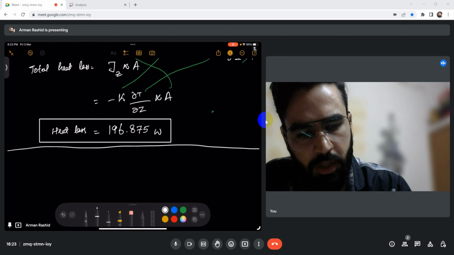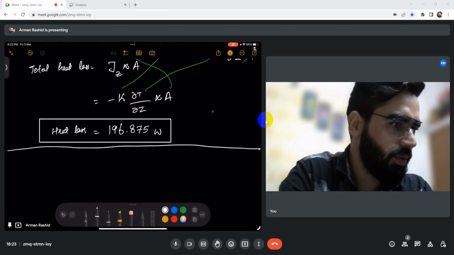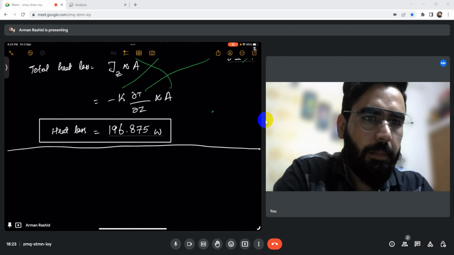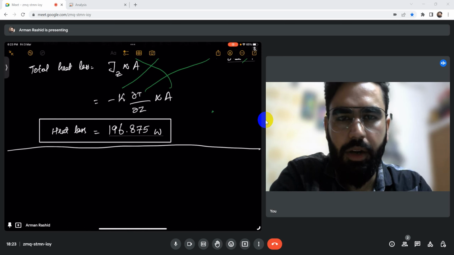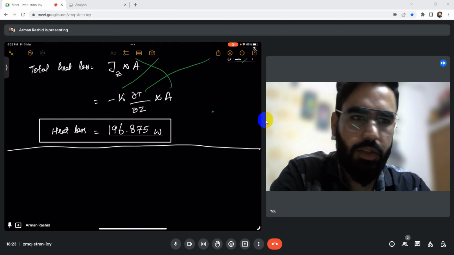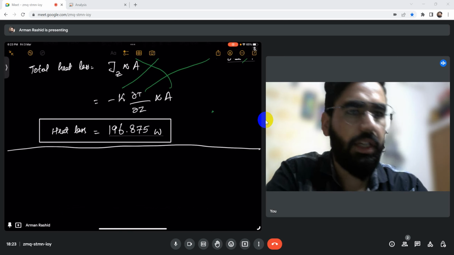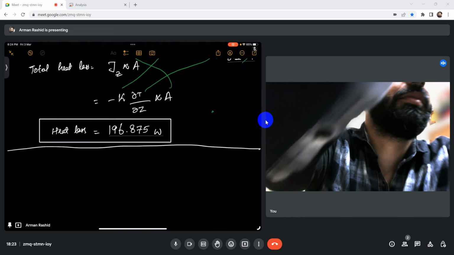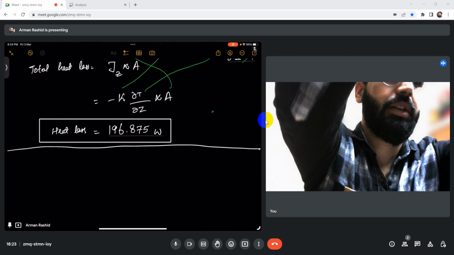All the questions are easy. We just have to use the proper equation and see how the fundamentals relate to it. If we know a little bit about them, we can solve them. That is the whole crux of the story. Now we'll go to the next question.